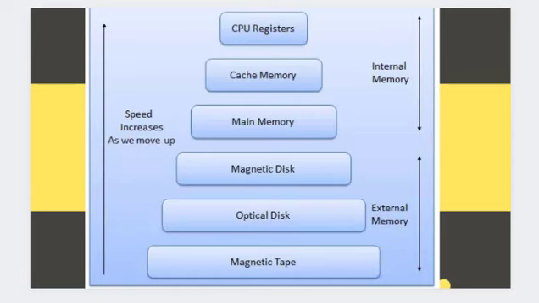And then the frequency of access of the memory by the CPU decreases as well, while the access time by the CPU increases. Remember, in that memory hierarchy, this is when going down from top to bottom.